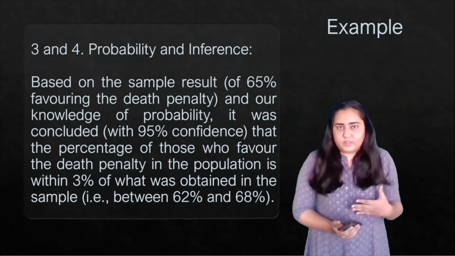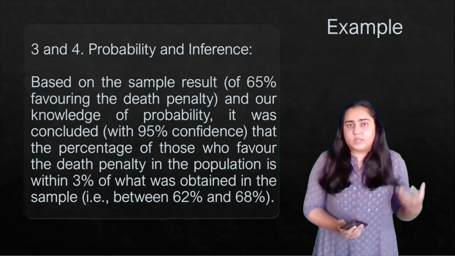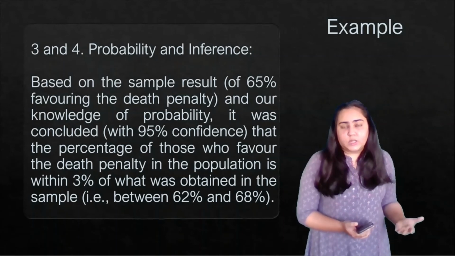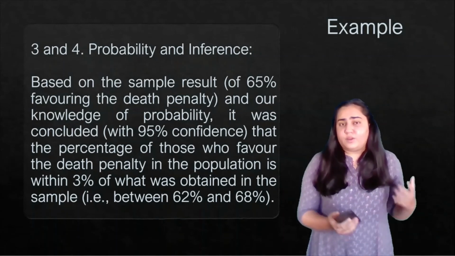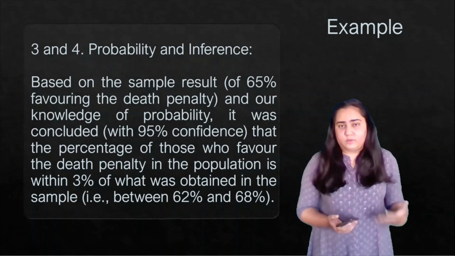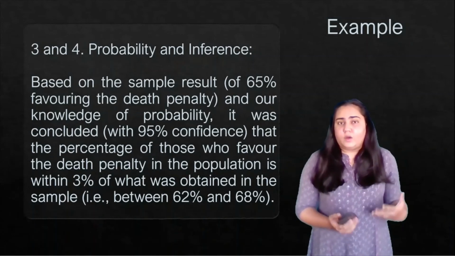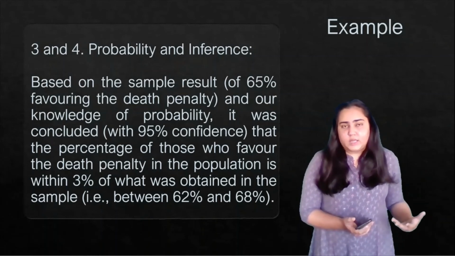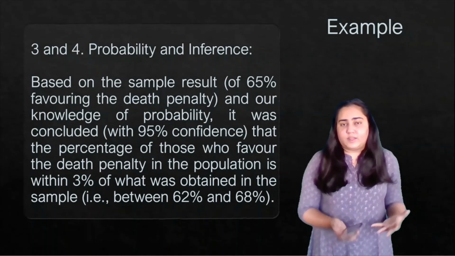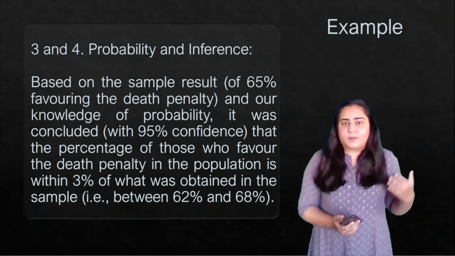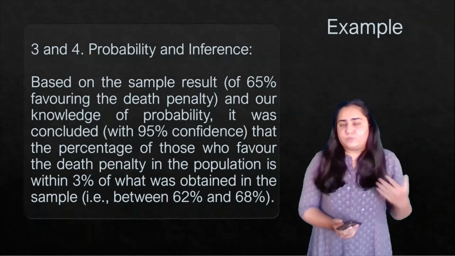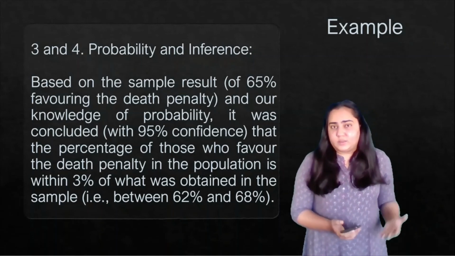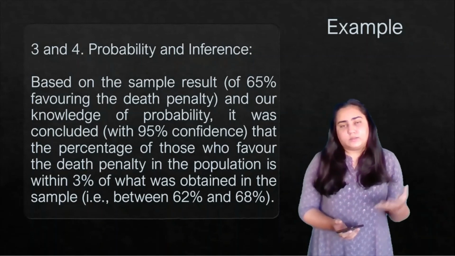But after calculating the probability and inference, we found that based on this summarization, we can tell, and we are 95% confident about this, that if we were to ask everybody in the US about the death penalty, then about 62 to 68% of people would favor it.